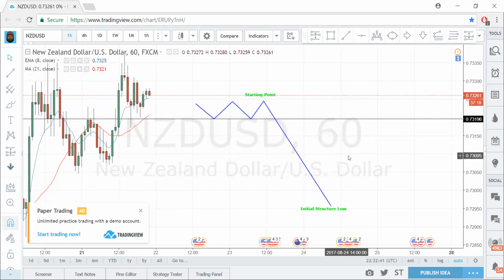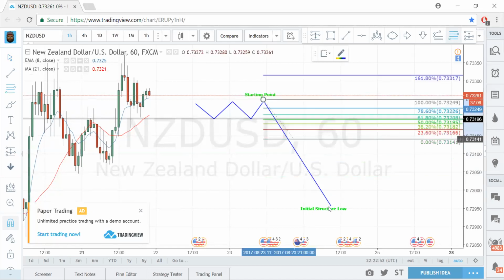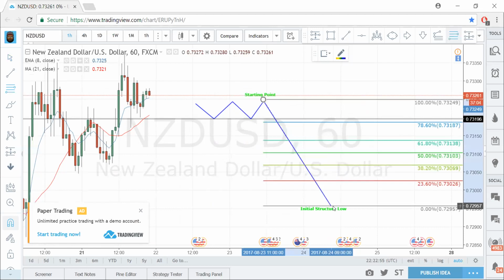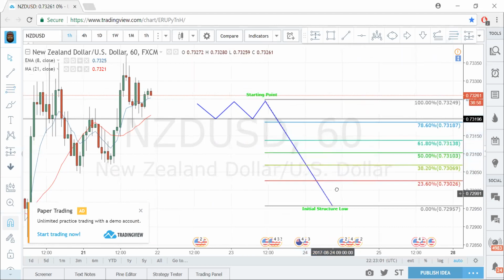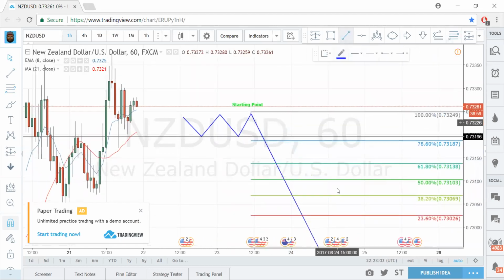Very simple. There's a tool we call Fibonacci retracement. I'll draw this tool from my starting point all the way down to my initial structure low. So with this drawn in, I know that the market might retrace all the way to this level here, to 23.